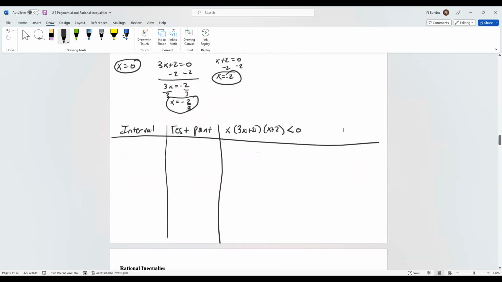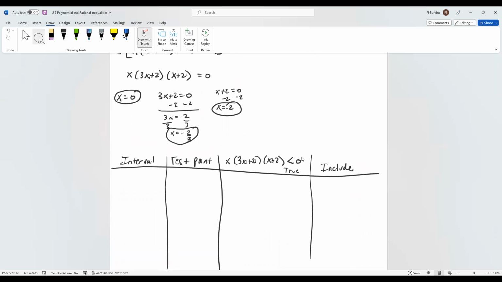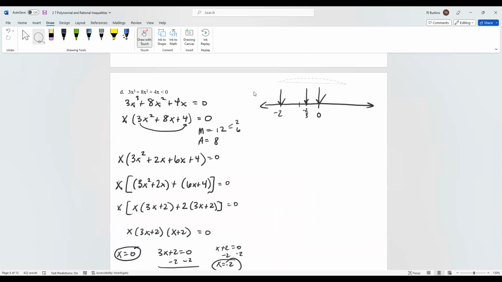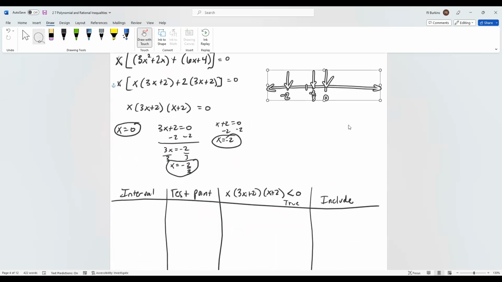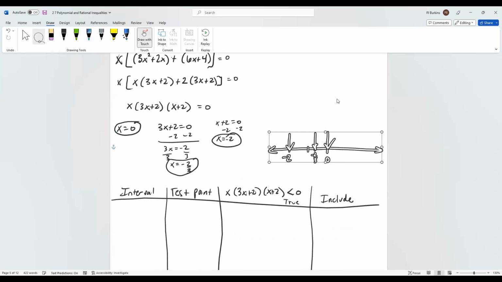So we want to know, when is this true for what test points, and then whether we include those points. I'm going to grab my number line and move it down so we can see it while we are trying to determine our intervals.